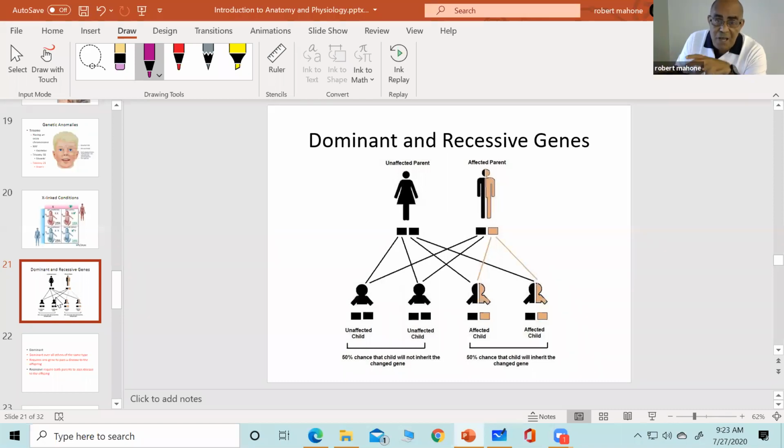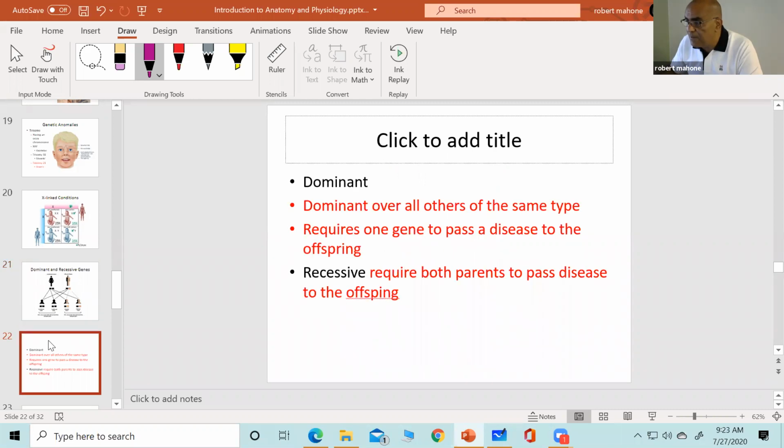Brown eyes are dominant over all other eye colors, and that is a dominant gene. One gene that's dominant over all others of the same type is the first definition, the dominant gene. And brown eyes are dominant over all other eye colors.